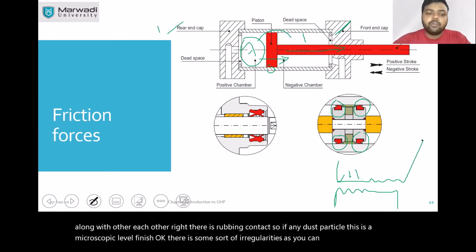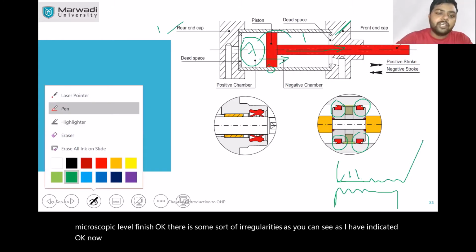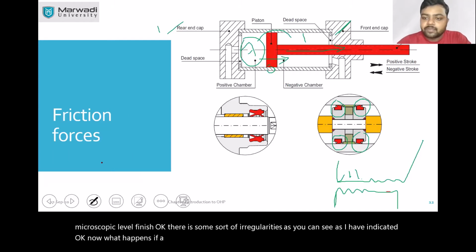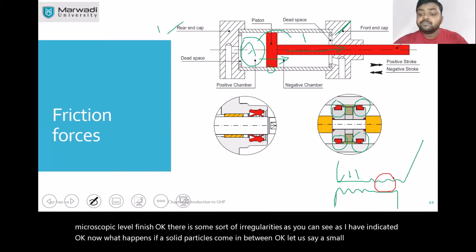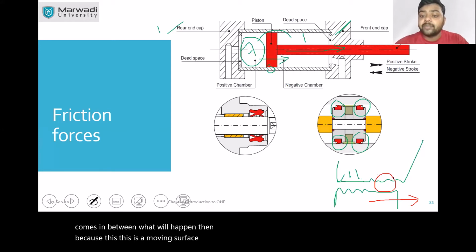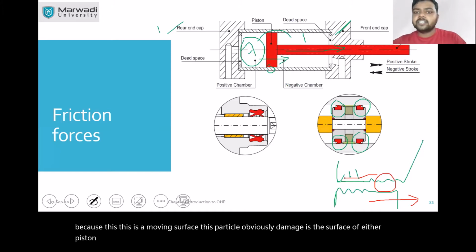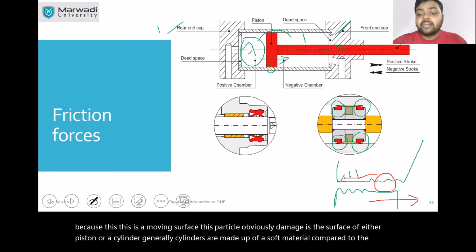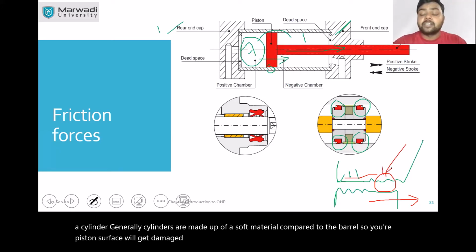Now what happens if solid particles come in between? Let us say a small dust particle comes in between. Because this is a moving surface, this particle obviously damages the surface of either the piston or the cylinder. Generally the piston is made of a softer material compared to the barrel, so the piston surface will get damaged because of these dust particles, and that is our main concern.